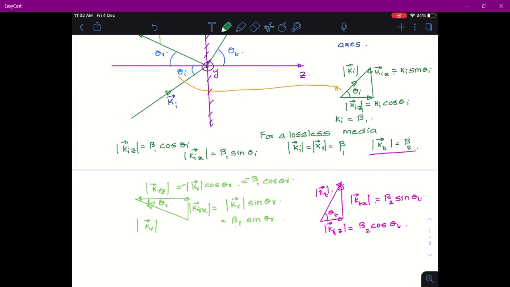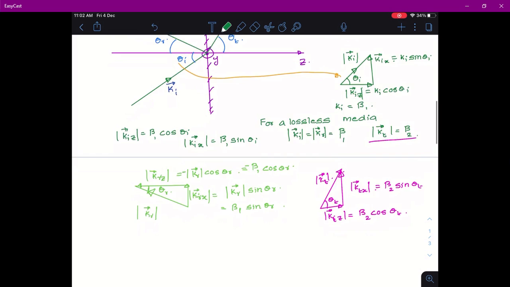And the magnitude of KTZ is the magnitude of KT times cos theta t, that is beta 2 cos theta t. In this way, you can resolve the propagation direction in the direction of your choice, so that it almost becomes similar to our normal incidence, and you can substitute the values and you will get the answer.